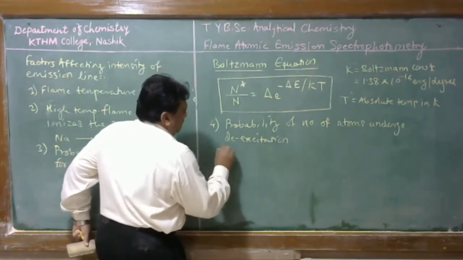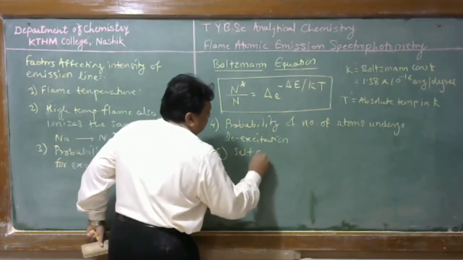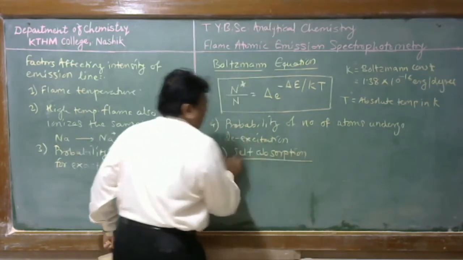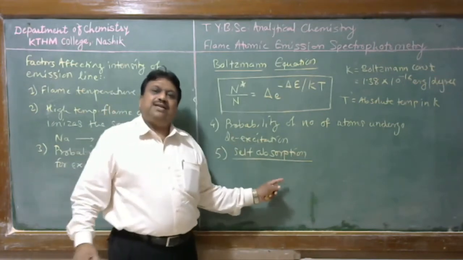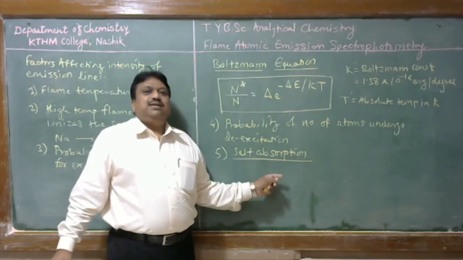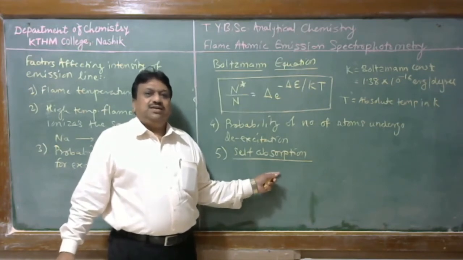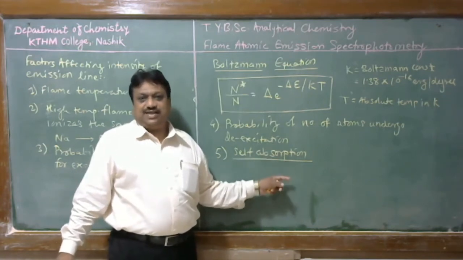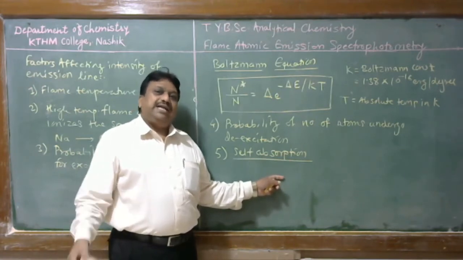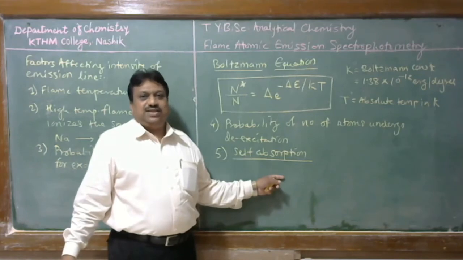The next factor is self-absorption. When the concentration of metal ion in the solution is high, the emission line given by an excited state atom is absorbed by identical atoms present in the ground state level.